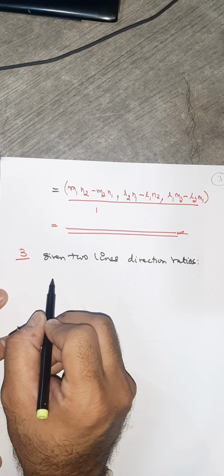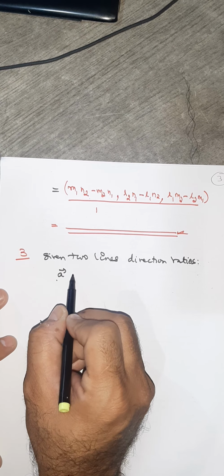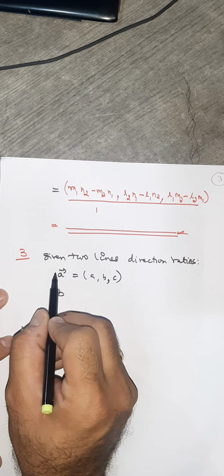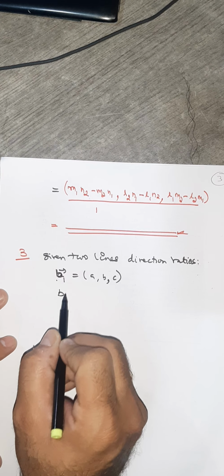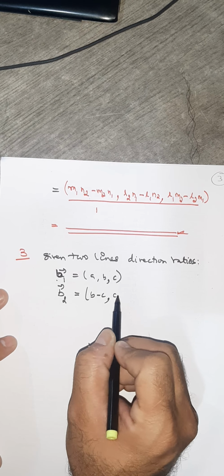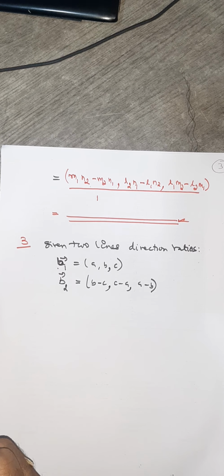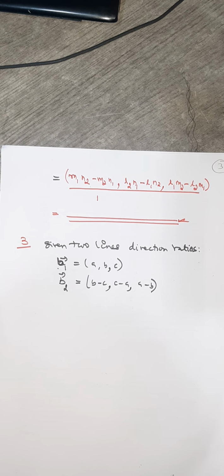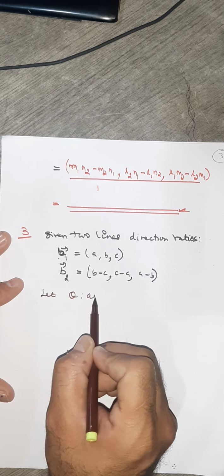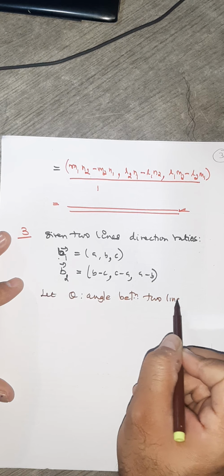Let me take one direction ratio as vector B1, which is A, B, C, and the other one, B2, is B minus C, C minus A, and A minus B. The symbol is not important. These are the direction ratios of the given two lines. You want the angle between these two.